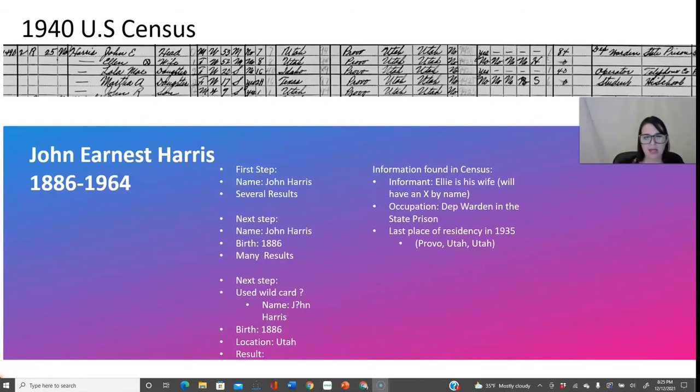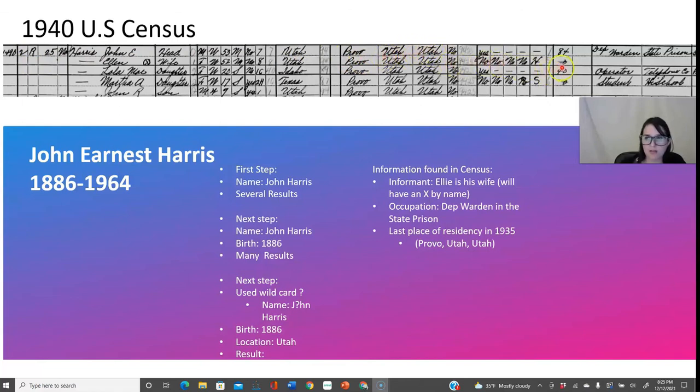And then the information that I was able to gather was his wife, Ellen, was actually the one who informed. And how you can tell is this little X right here. They are the informant, giving the information to the enumerator. And then they're renting. They're from Utah. They lived in Provo in 1935. Still living in Provo.